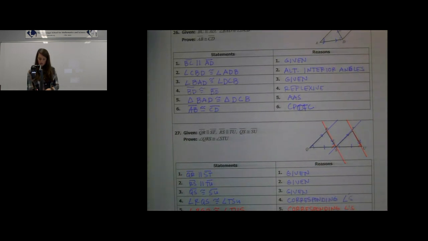So triangle RQS is going to be congruent to triangle TSU. So that means the given angles are going to be congruent.